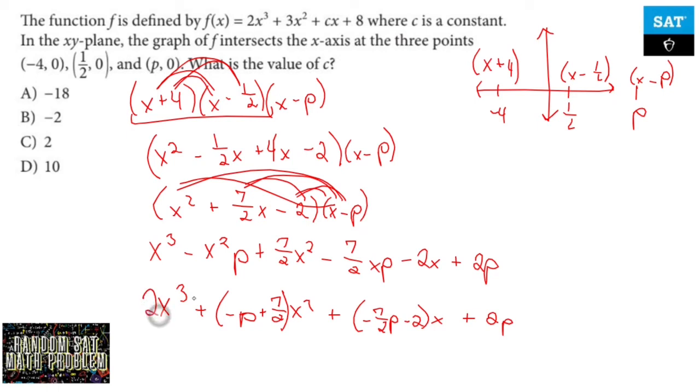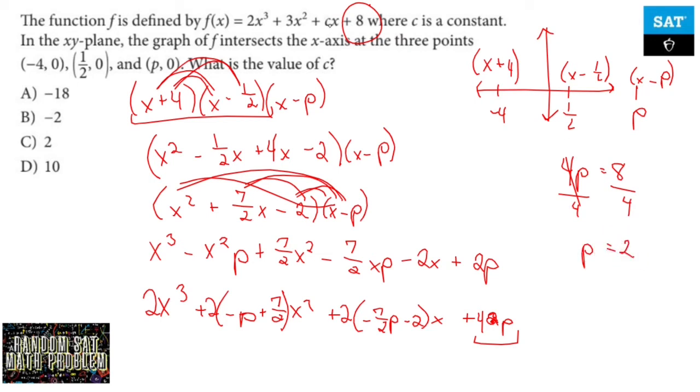I'm going to multiply 2 to this, 2 to this, 2 to this, and that becomes 4p. Now that 4p is exactly the same as that 8. So 4p equals 8. Divide everything by 4, and p equals 2.